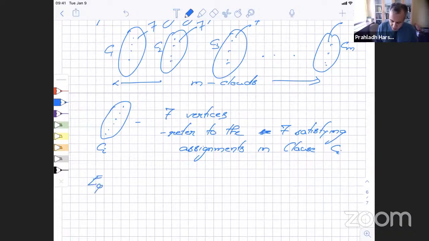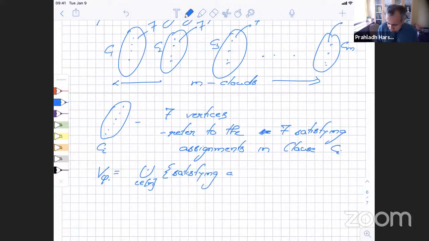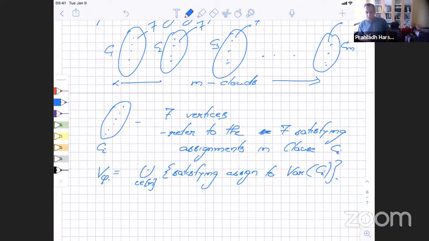So one way of describing V phi is the disjoint union over all i in M of the satisfying assignments to variables of Ci. That's V phi.